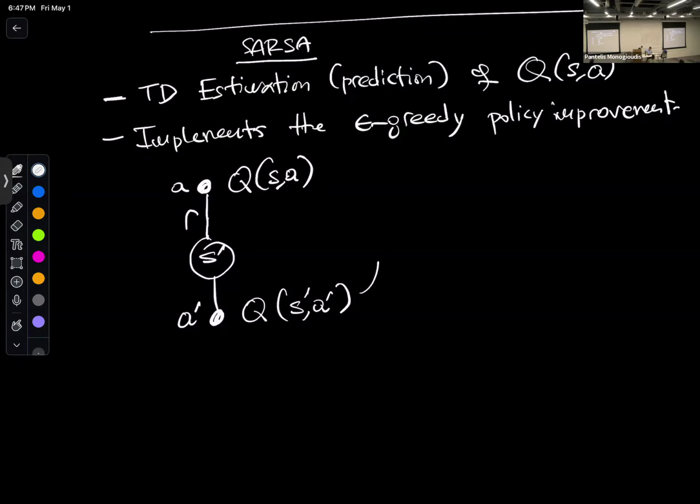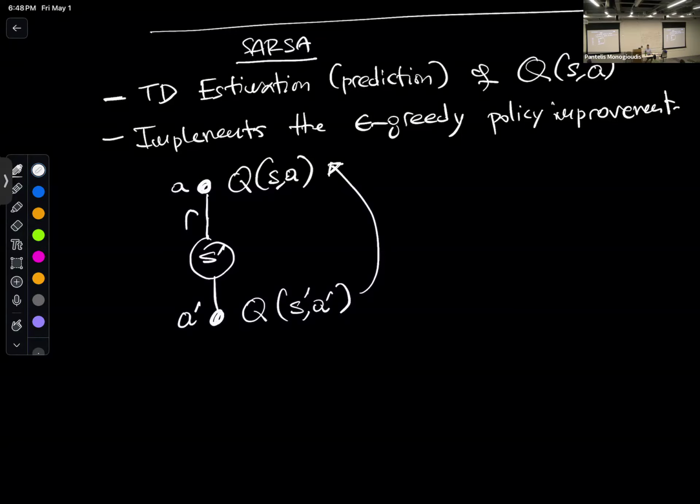If you remember, TD learning was updating the value. I was using the V values as an example back then, but I told you the same thing can be expanded to Q values. It was updating the value of this specific state based on a Markovian assumption: the best possible information we can get from all future states until we terminate is the value of S T plus 1. That was the Markovian assumption. So imagine that happening now for the Q action values.